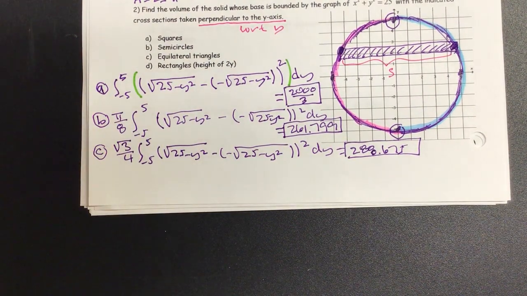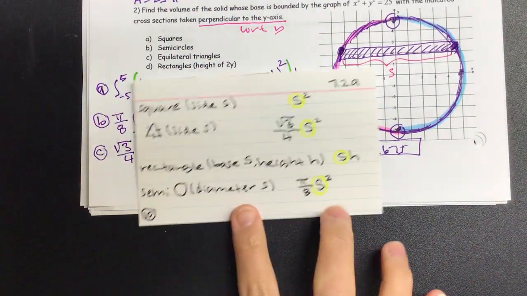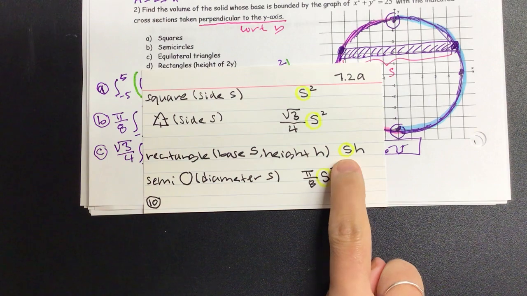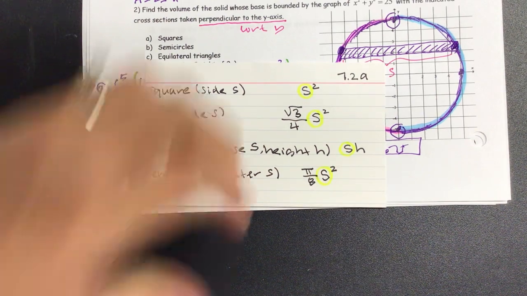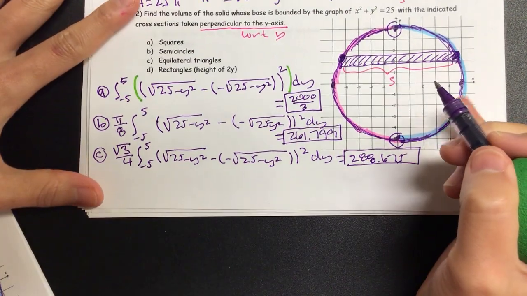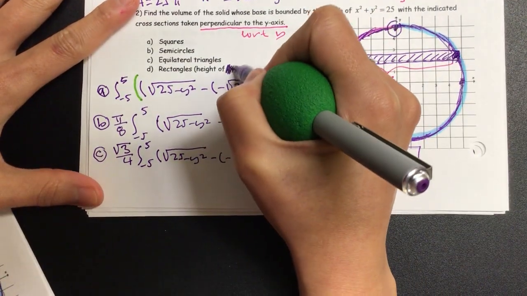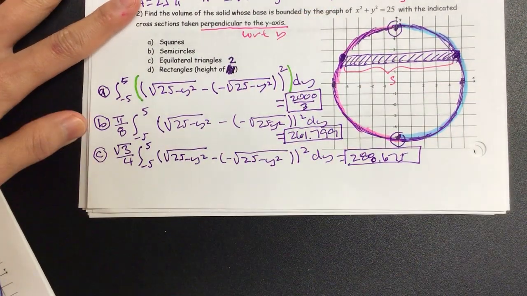And then our last one is going to be an issue. The last one is the rectangle. So is my side squared? So this one we have to type in the integral, okay? So we were a little lazy on B and C, but we can't do that for this one. Let's change this problem. I don't want 2y. Let's say I have a height of a constant of 2.